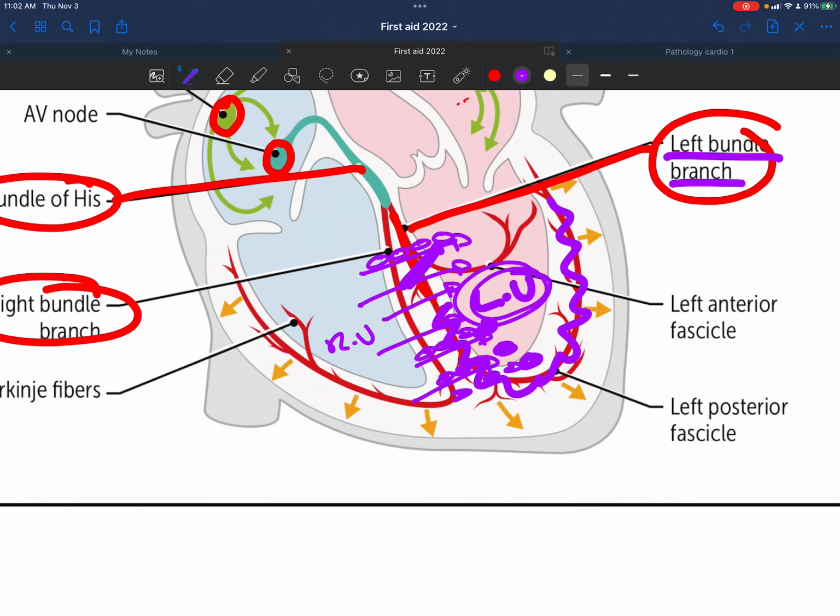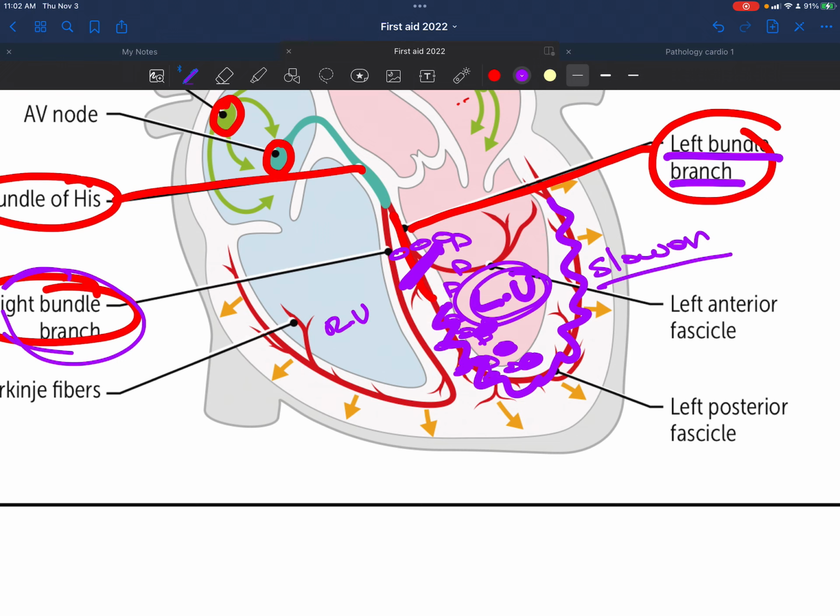So the left ventricle depolarizes slower than the right ventricle, because the right ventricle is getting its own depolarization through the normal pathway. The normal pathway is the right bundle branch that is not blocked, so it just gets it through the bundle of His, so it's normal, and it's fast.